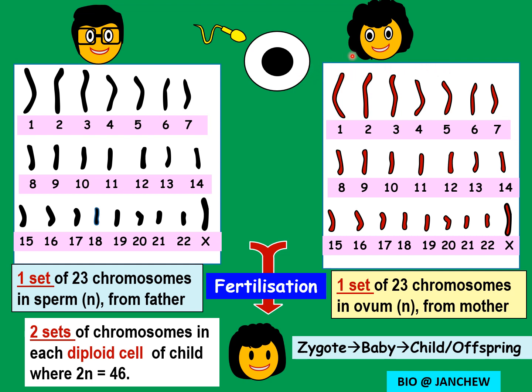One set contains chromosome number 1, 2, 3, 4, 5, 6, 7, and so forth until number 22, and then there's a sex chromosome. The other set also has corresponding chromosomes 1 to 22 and a sex chromosome. During fertilization, these two sets combine, and that's why you get a child with two sets of chromosomes in each diploid cell, and we can write 2n equals 46.